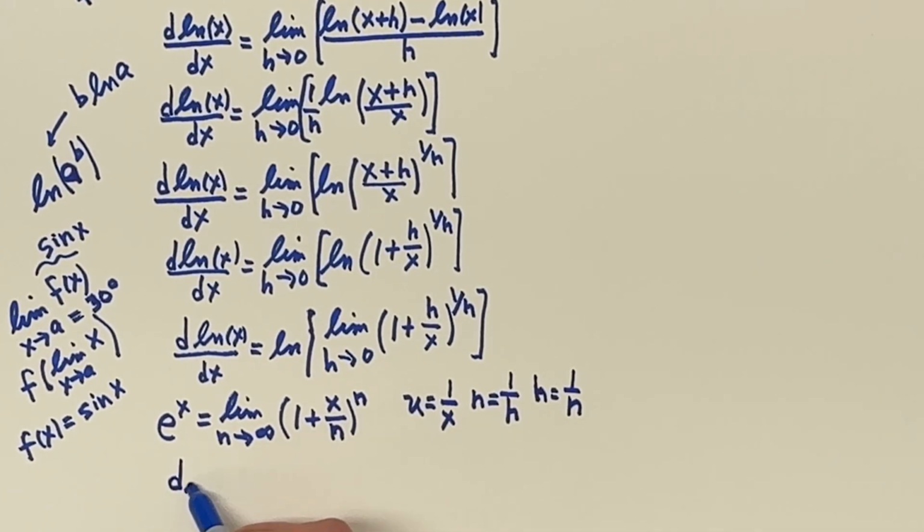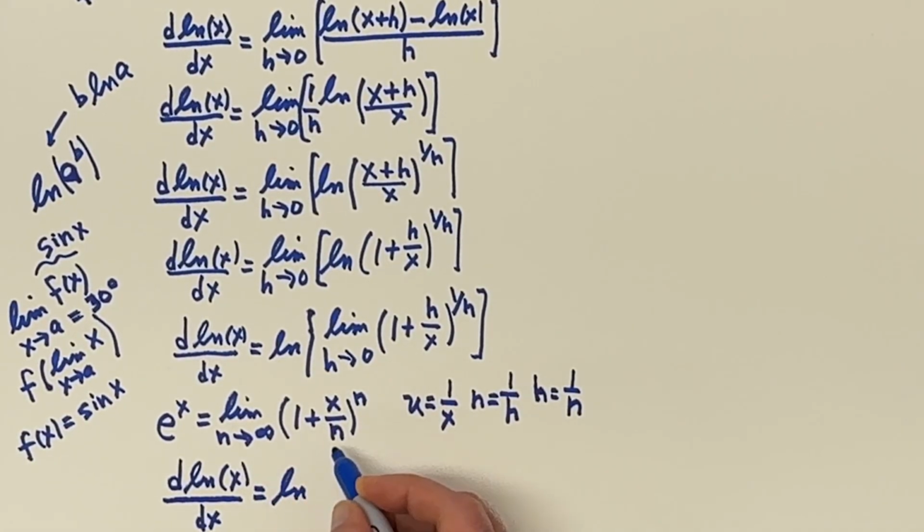So then I'll have the log of x, dx, and I'll have the natural log outside.